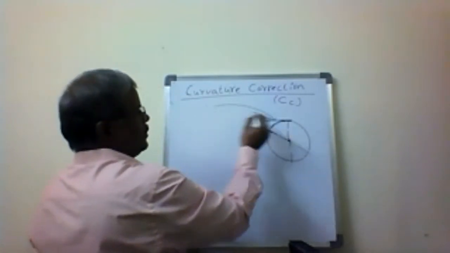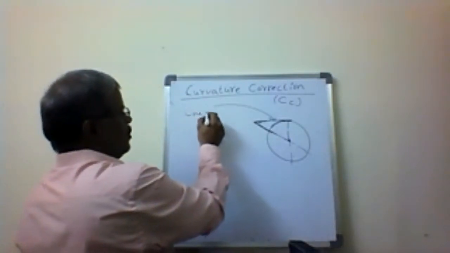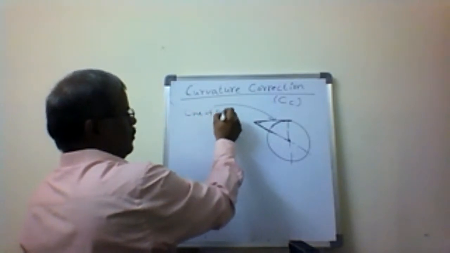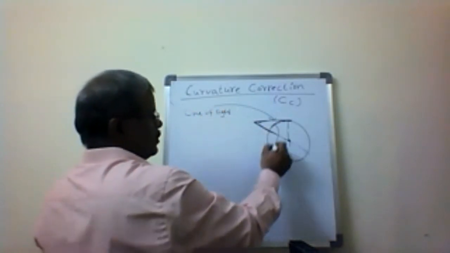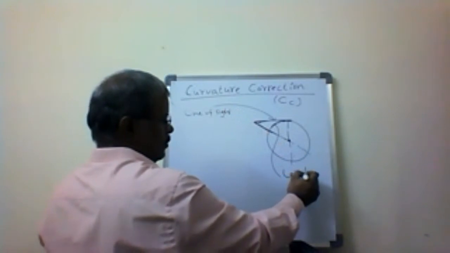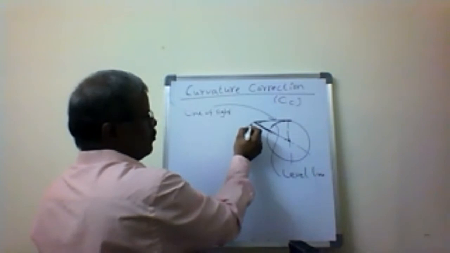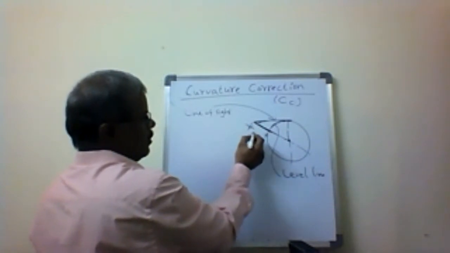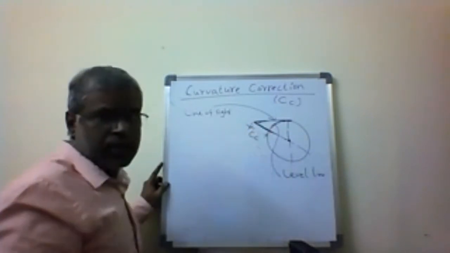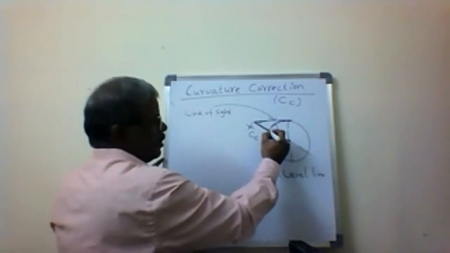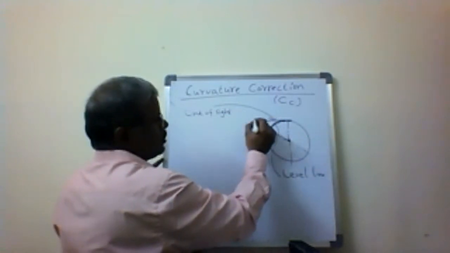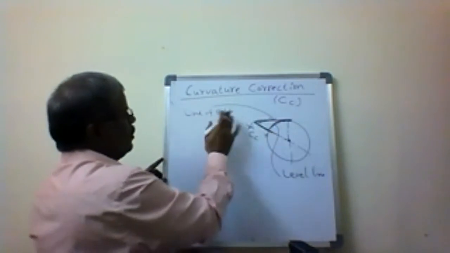This we call the line of sight, and this we call the level line. CC is the curvature correction. This is the horizontal distance, the line of sight.